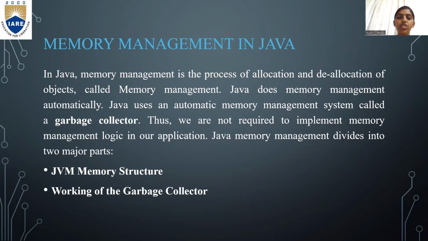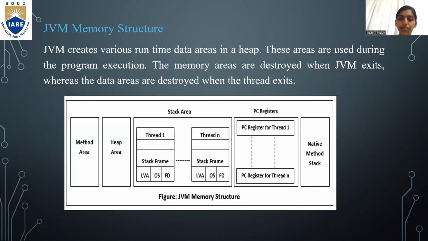First, we'll look at the JVM memory structure. JVM creates various runtime data areas in a heap. These areas are used during program execution. The memory areas are destroyed when the JVM exits, whereas the data areas are destroyed when the threads exit.